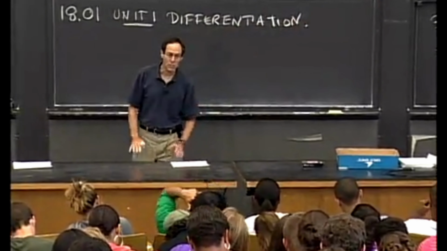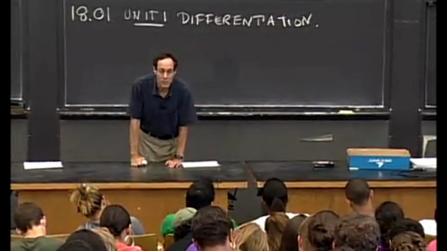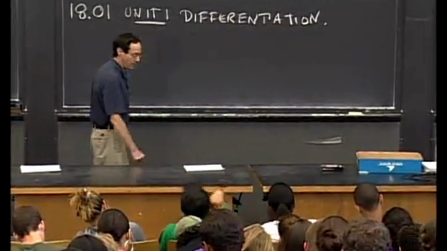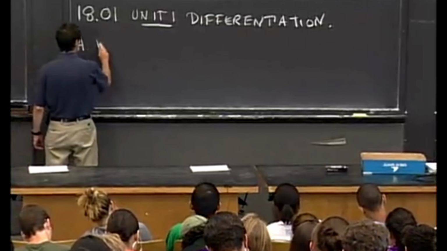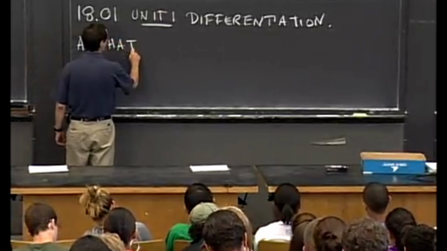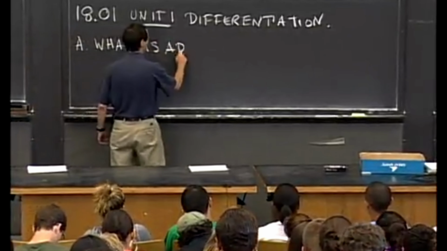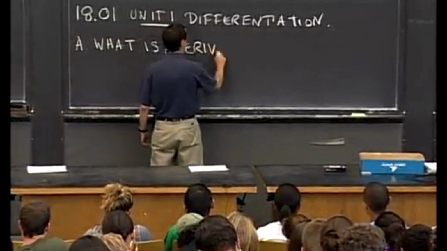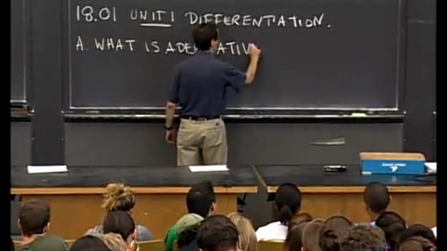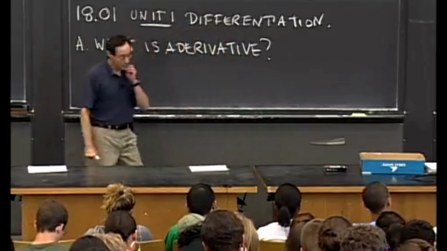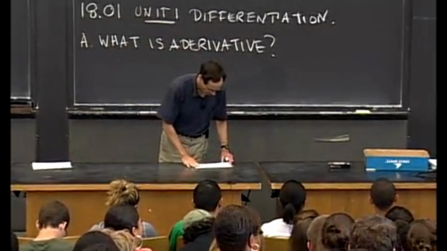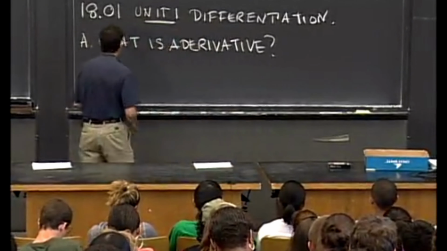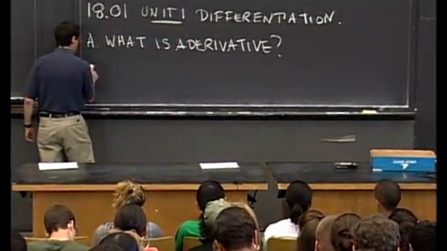So let me first tell you briefly what's in store in the next couple of weeks. The main topic today is what is a derivative. And we're going to look at this from several different points of view.